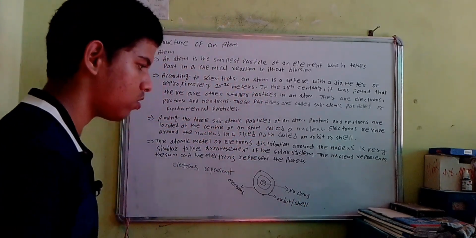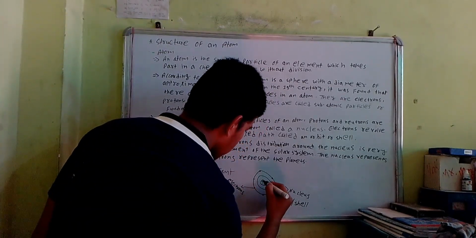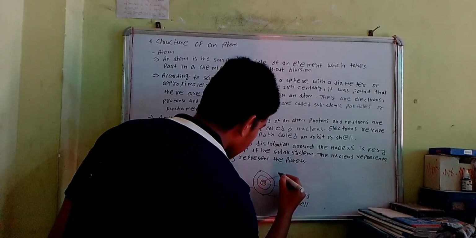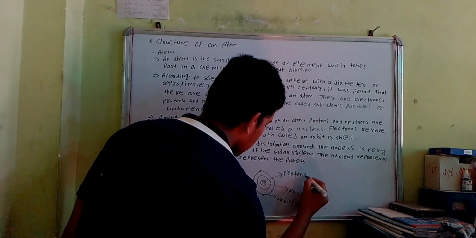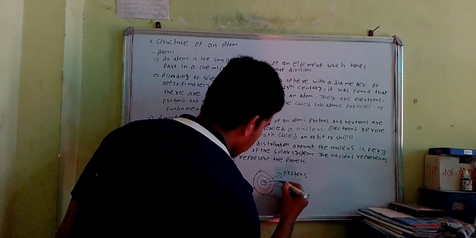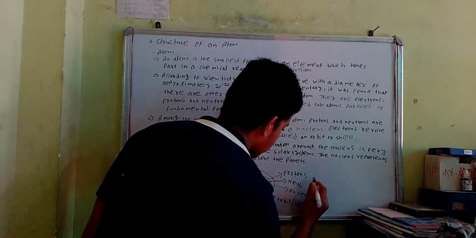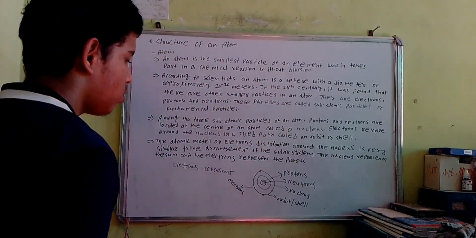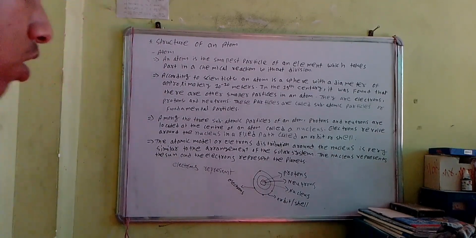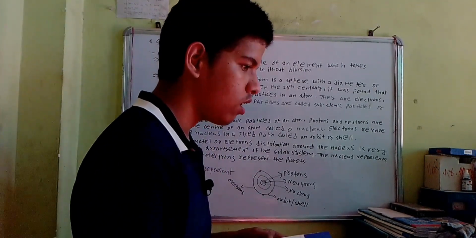And inside the nucleus there are protons and neutrons. Okay, right? So this is the structure of an atom. So you need to remember this structure. Okay? And after this we will discuss tomorrow.